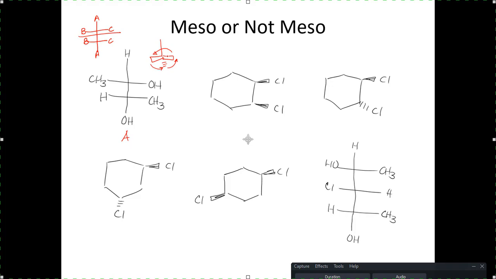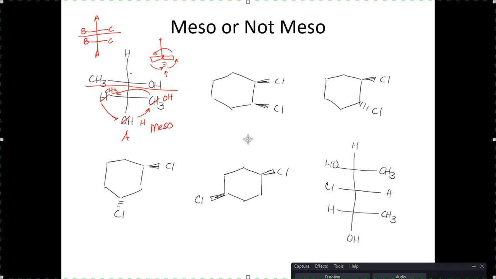The only difference is when I was doing this with a Newman projection, I was looking right down the center of this carbon-carbon bond. So if I rotate this hydrogen here, if I rotate the OH up here, and I can rotate the CH3 group there. So I didn't switch any groups, I just rotated them. Now do the groups line up? And the answer is yes, they do line up, so A is meso.